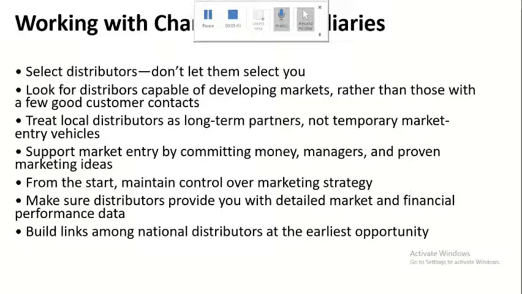A manufacturer should attempt to establish links between the network of national distributors. This can be accomplished by setting up a regional corporate office or by establishing a distributor council.